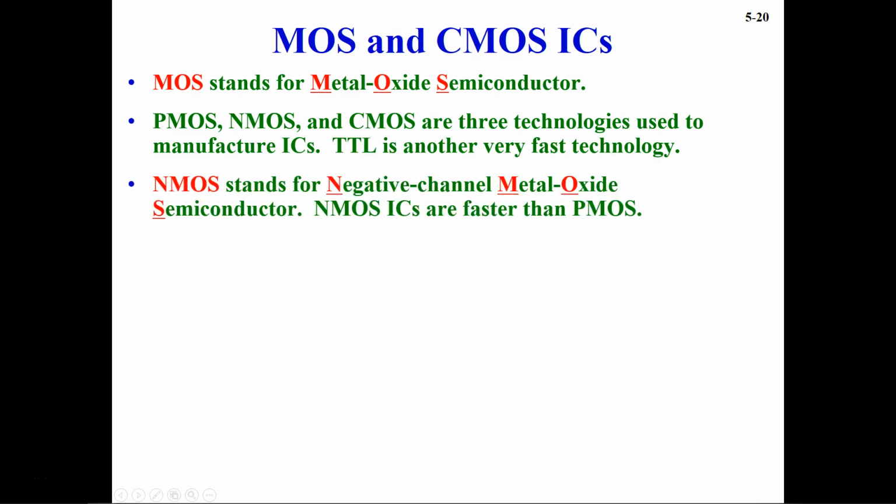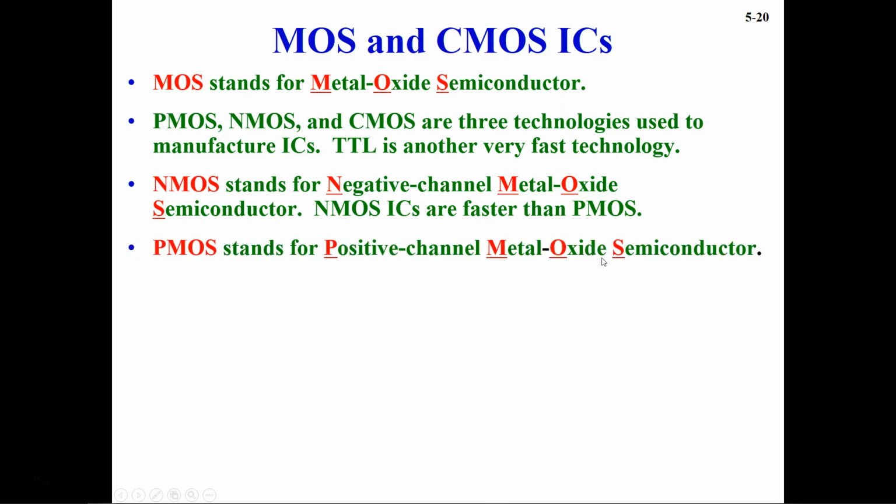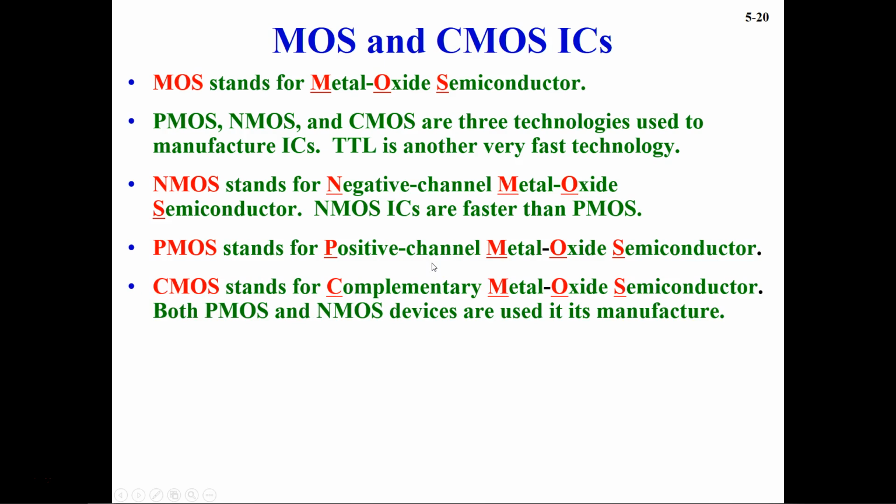Now let's see next. NMOS stands for negative channel metal oxide semiconductor. NMOS ICs are faster than PMOS ICs, where PMOS stands for positive channel metal oxide semiconductor. And CMOS stands for complementary metal oxide semiconductor.